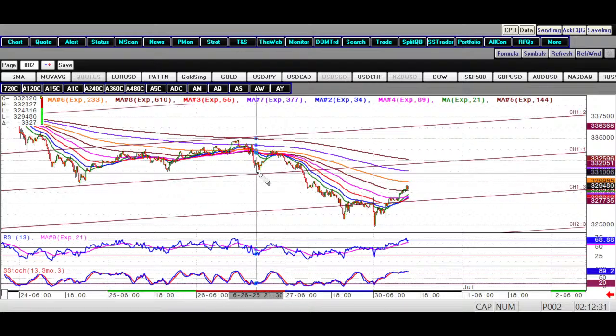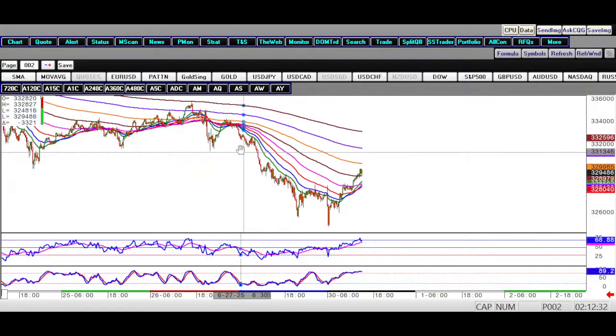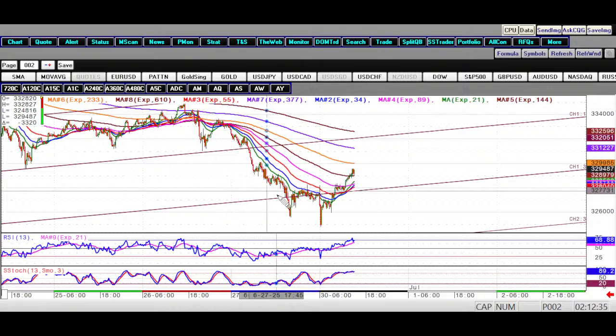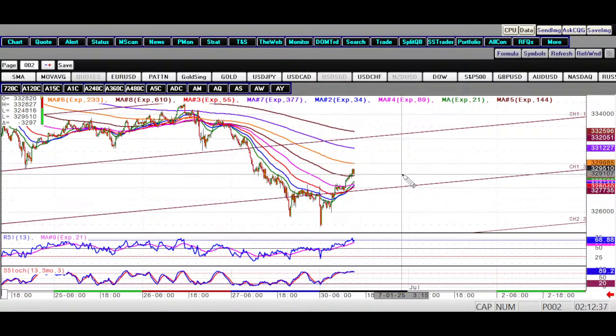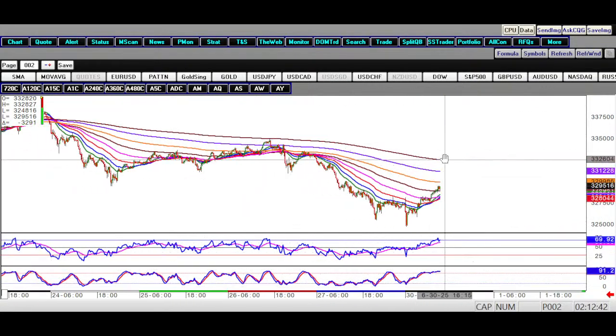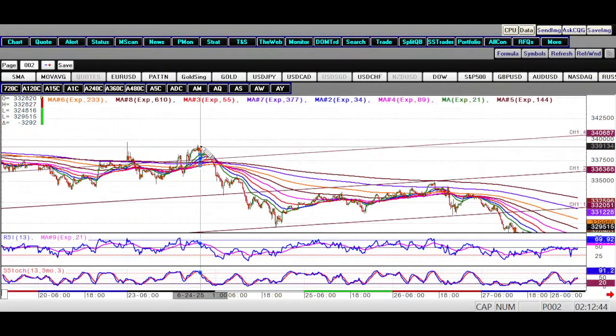This is the first one. This is your second one. Should not go above this level, because if we are expecting a downtrend, we should see the price hitting lower high and lower low.